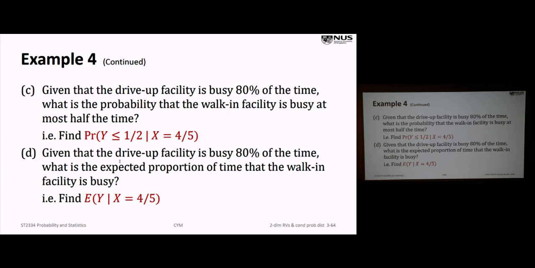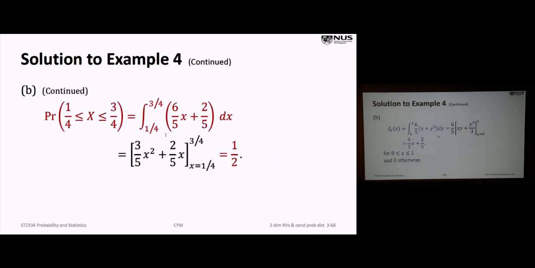Now this sounds really horrible, but the only difference between what we did here and what we did here is the integration range is 0 to 1, and I need to multiply the conditional PDF here by y. Remember that the definition of the expectation of a random variable is the random variable itself, y, multiplied by its PDF. And in this case, the PDF is a conditional one. That's the only complication here.